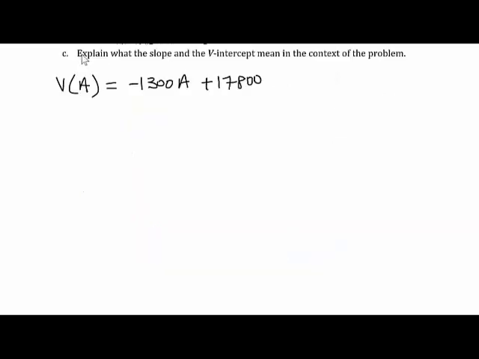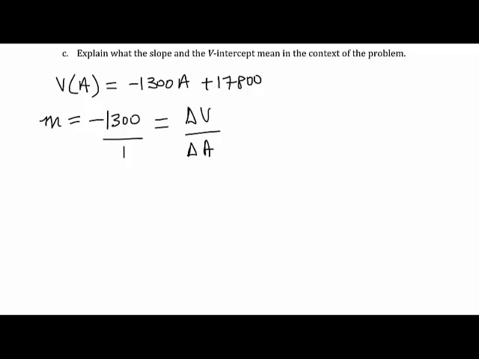And lastly, in part C, we want to explain what the slope and the V-intercept mean in the context of the problem. So I'll start with the slope. We said the slope was negative 1,300. And if I write it as a ratio, negative 1,300 over 1, then that would give me the change in V, the dependent variable, over the change in A, the independent variable.